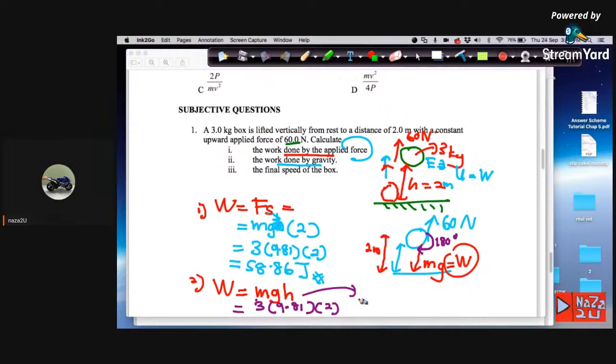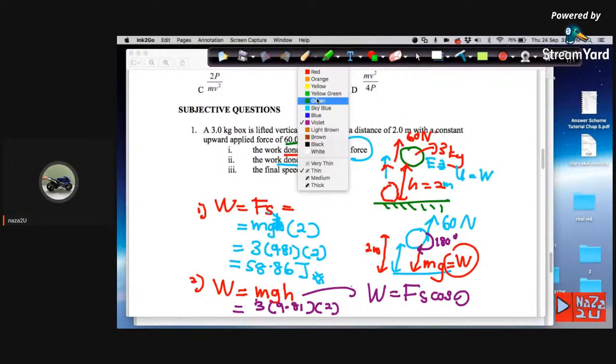Ataupun kalau kita guna W is equal to Fs, okay, force kat sini merujuk kepada weight force, saya pakai sini lebih senang kalau kita pakai W is equal to Fs cos theta. Okay, force adalah weight force, iaitu mg.